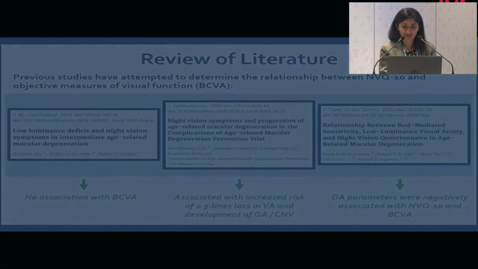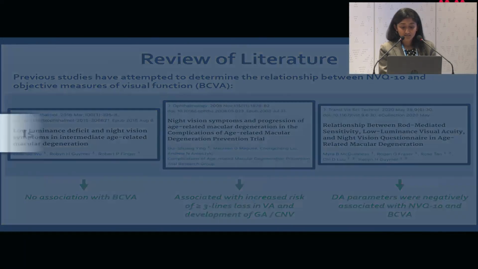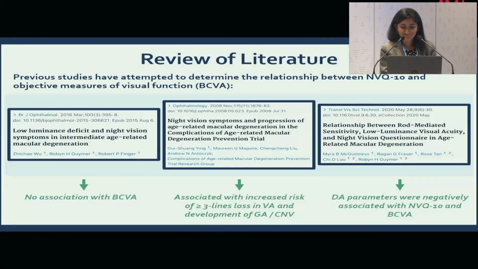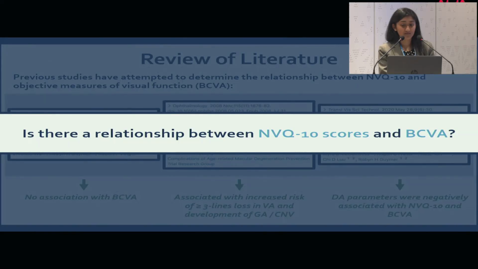And lastly, McGinnis and colleagues found that dark adaptation parameters were negatively associated with NVQ-10 scores and visual acuity. These inconsistencies in the existing literature suggest that the following question remains unanswered. Is there a relationship between NVQ-10 scores and best-corrected visual acuity?